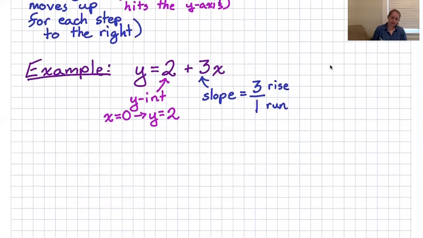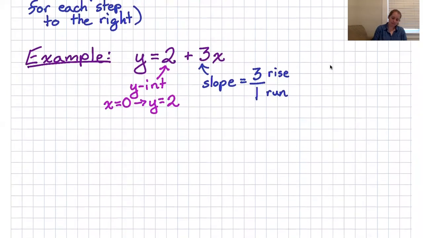If we graph this, our y-intercept, when x equals 0, y is 2.